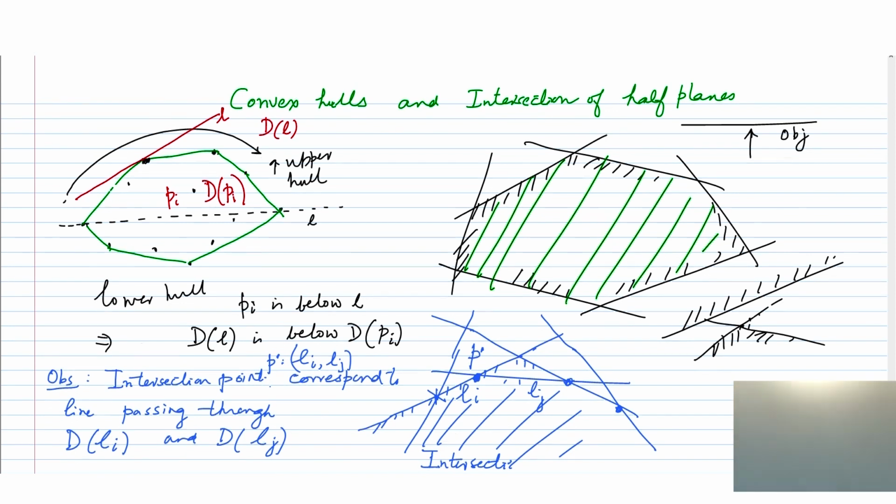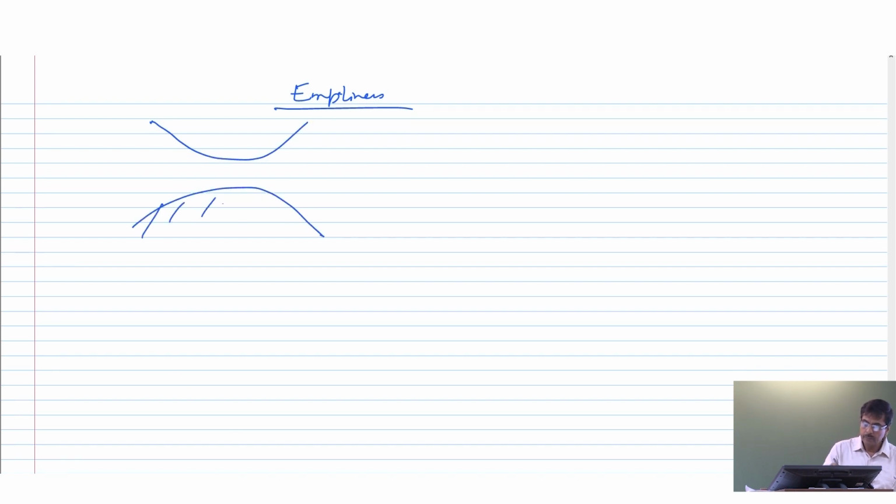And what happens if it is empty? The emptiness can also be handled from the same thing. Emptiness basically falls out as you will find that the convex chains will look something like this. I am only showing the relationship between the upper hull and the upper chain there.